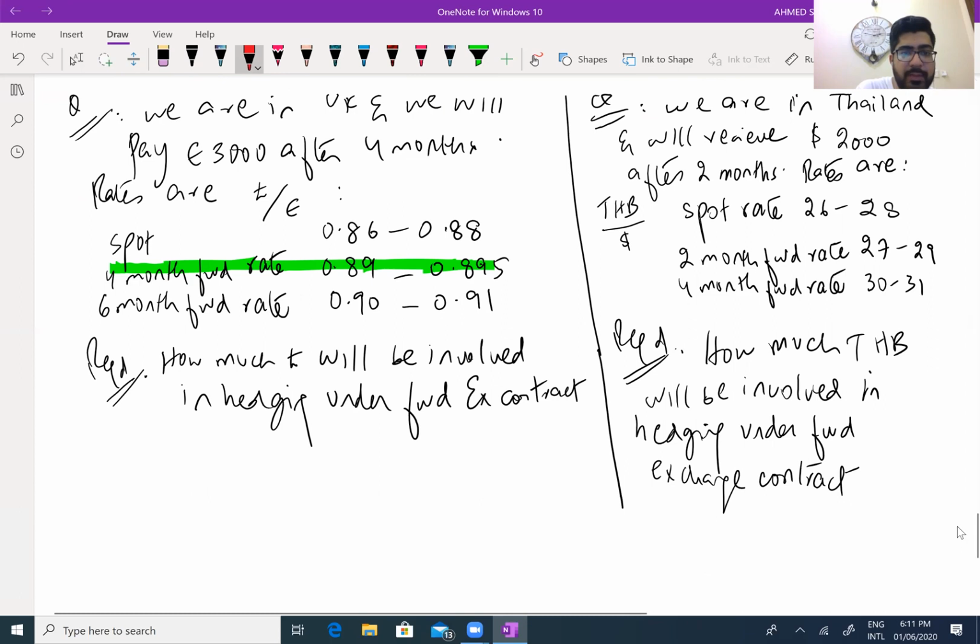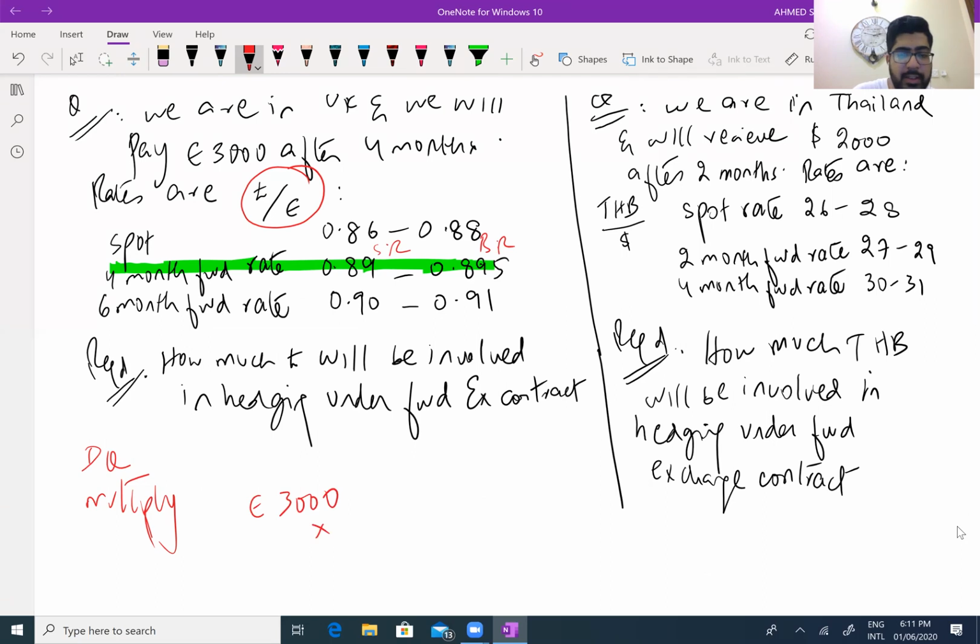I have to pay 3,000 euros. UK's local currency is found in the numerator. Direct quote, multiply. As per the rules, lower rate is the selling rate, higher rate is the buying rate. Last step: pay 3,000 euros. Multiply or divide? Multiply. You have to pay, so you have to buy at 895. 2685.